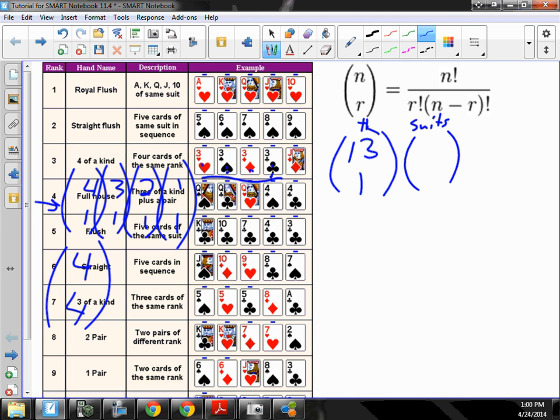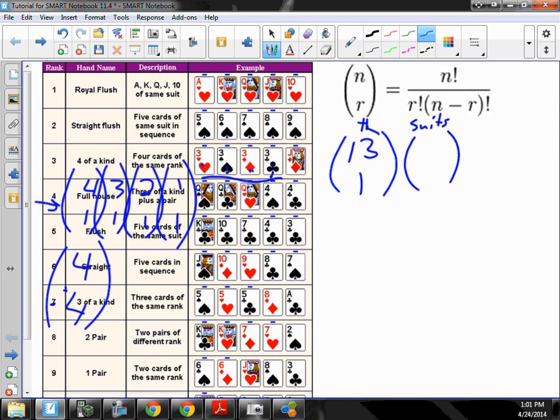If switching the suits does not change the hand, then you do them all at once. And this one makes more sense. If you have 4 of a kind, do you get to pick the suits? No, because they are all there. Well, what is 4 choose 4? It's 1. If you have 4 books, how many ways can you bring all 4 to school? 1 way. You bring them all.